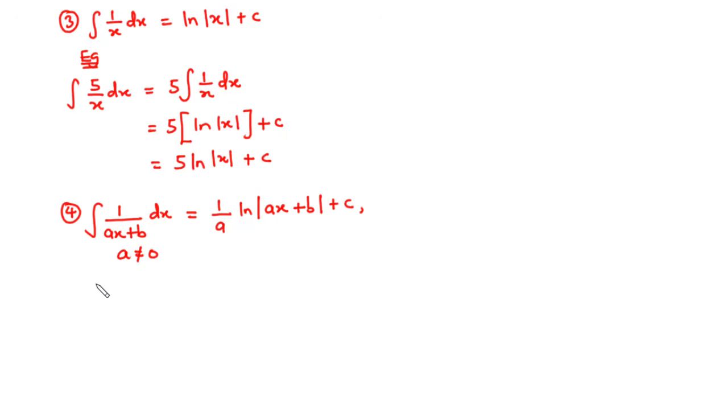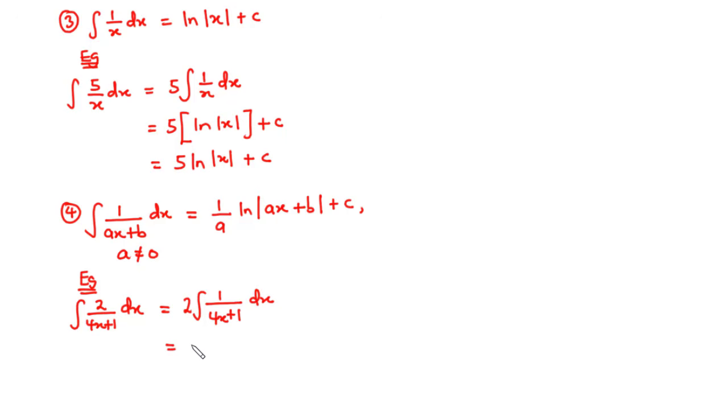So let's say if you want to find the integral of a function like 2 over 4x plus 1 dx, then first of all let's pull out 2. So we have 2 outside times the integral of 1 over 4x plus 1 dx.